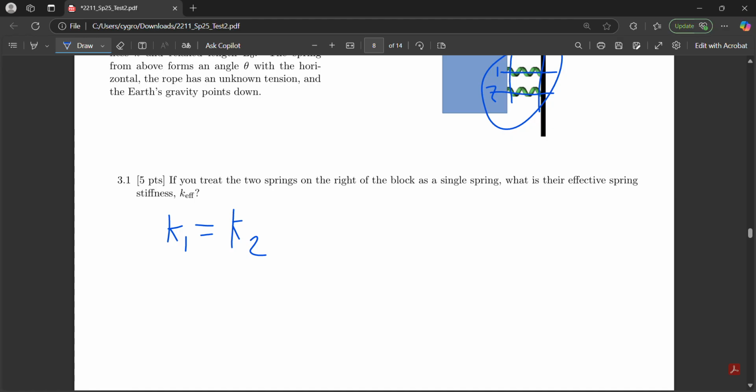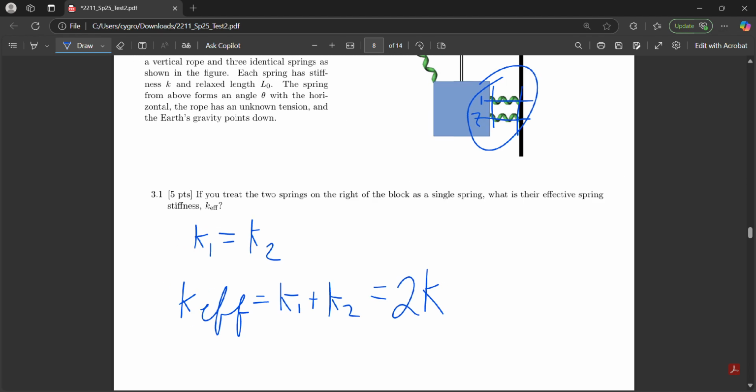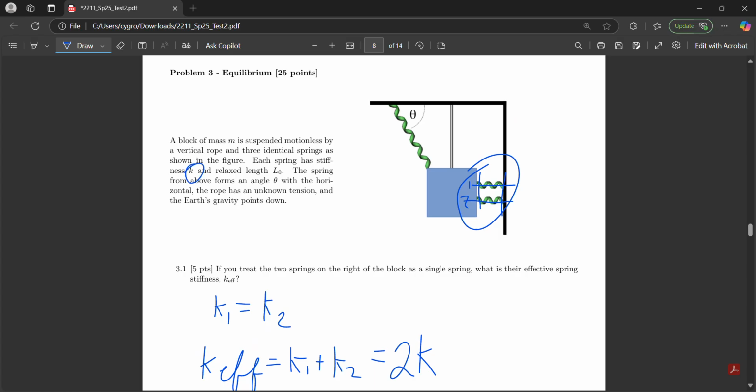Then our K effective is just going to equal K1 plus K2, which is going to equal 2K overall, since both K1 and K2 are described as K originally.